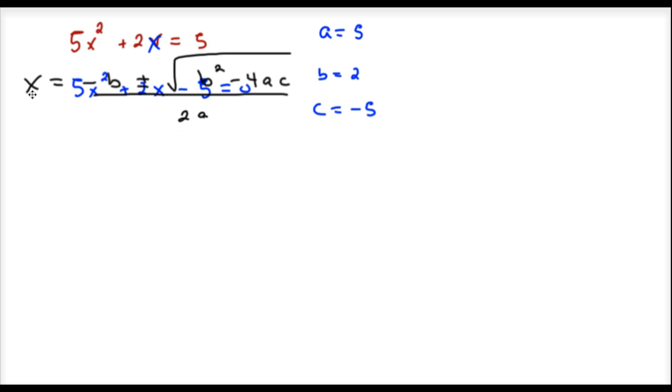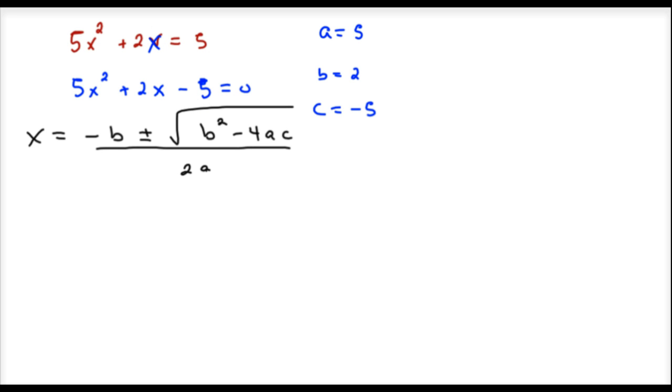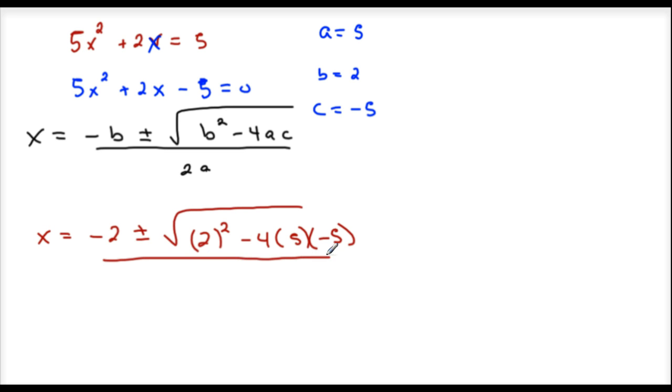One more time, quadratic formula. Negative B plus or minus the square root of B squared minus 4AC all over 2A. X equals negative 2 plus or minus the square root of 2 squared minus 4 times 5 times negative 5, all over 2 times 5. Keep simplifying.